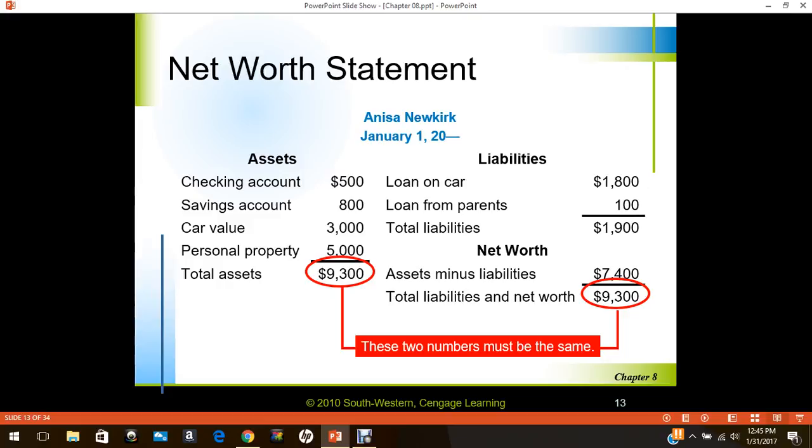Now, in order to balance out, notice that the total liabilities and net worth equal $9,300, which must be the same as total assets. But again, this is how you determine your net worth.